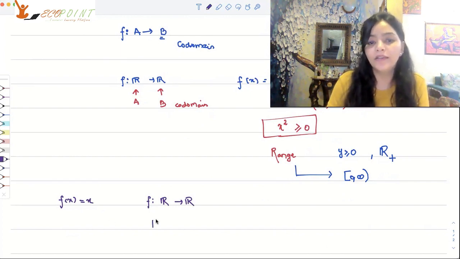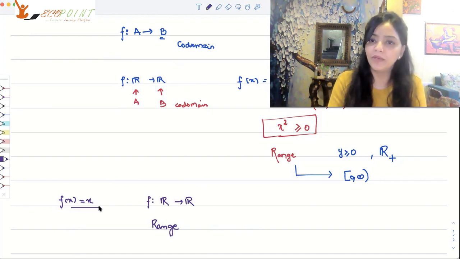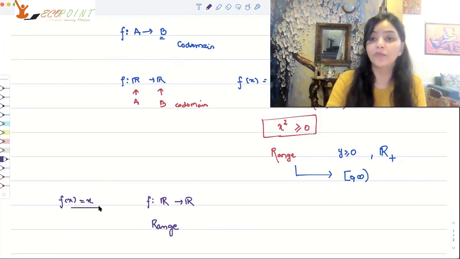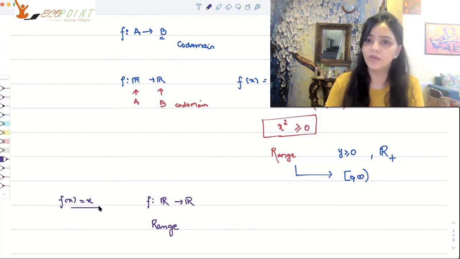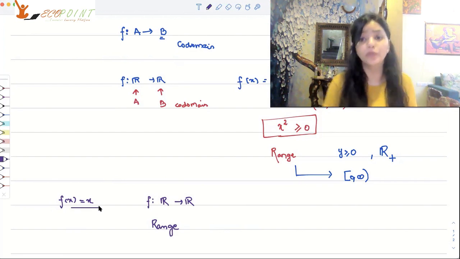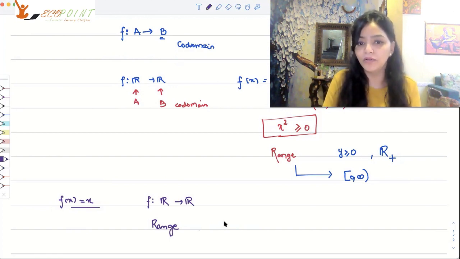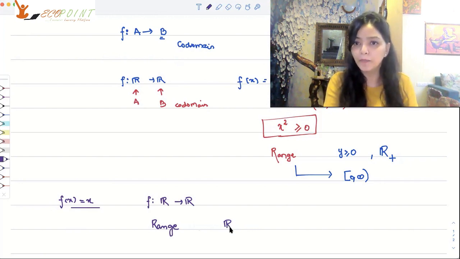In this case, if somebody asks me, what is the range for this function? The answer would be, if I'm putting in any number x, x is actually coming out. So when I put 1, 1 comes out, 2, 2 comes out, -1, -1 comes out, √2 comes out. So actually, all real numbers will get generated. I don't have any restriction here.